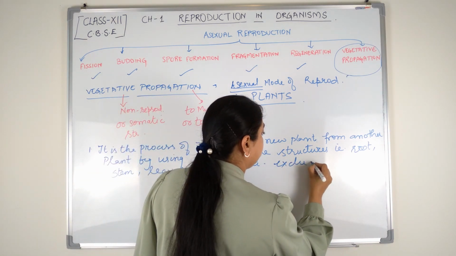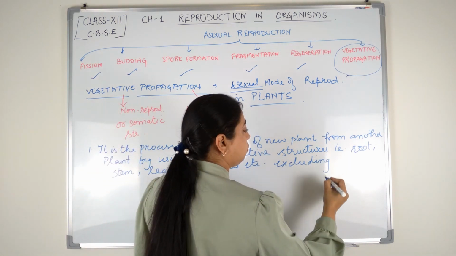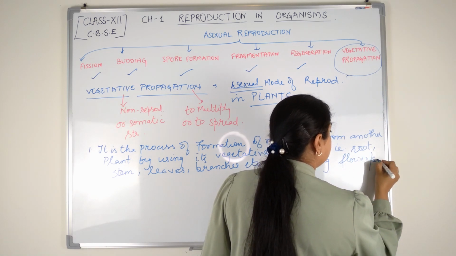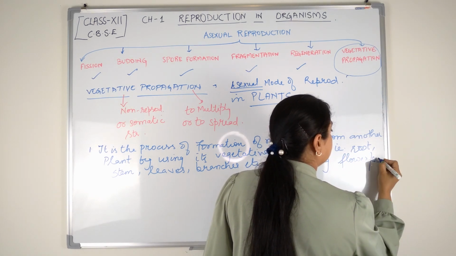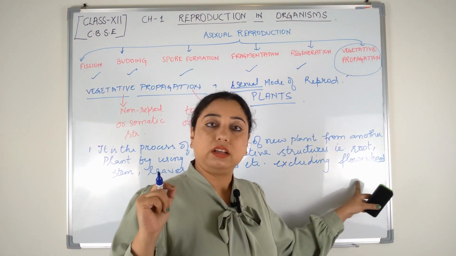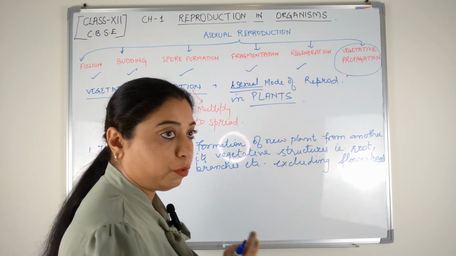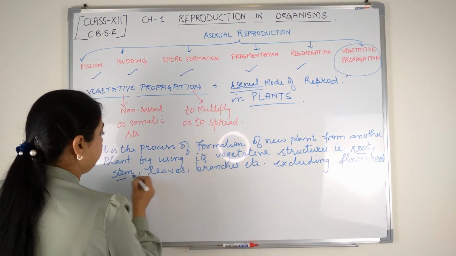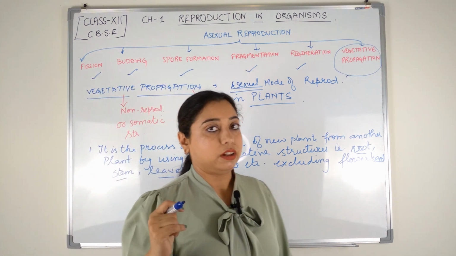We are not going to use flower or seed. Why? Because these are reproductive units. We are going to use non-reproductive units, that is root, stem, leaves and branches, right?